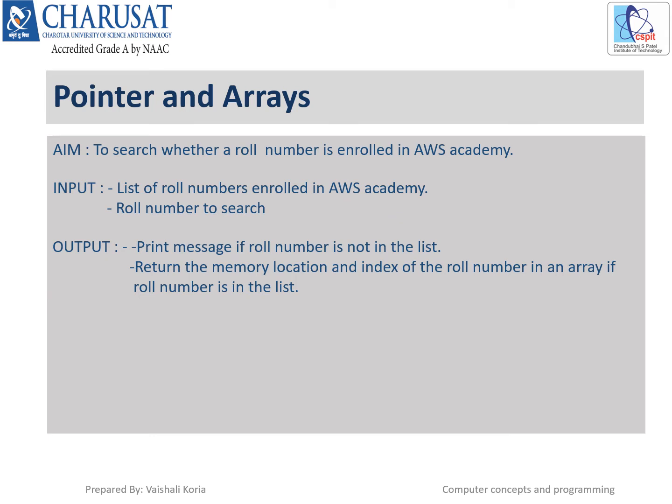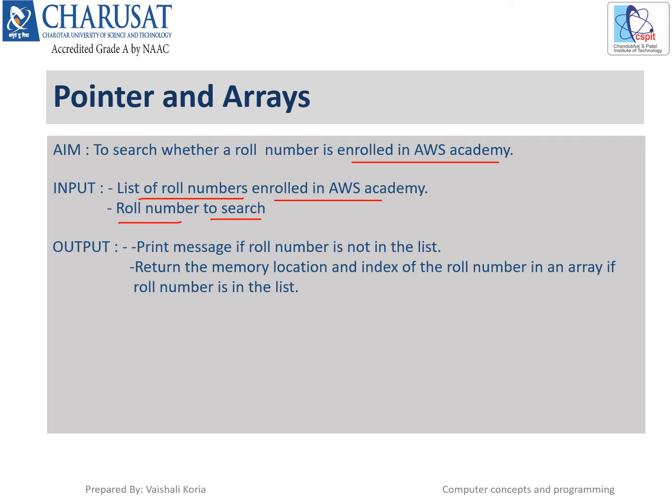Now we'll see one example using pointers and arrays. The aim of this program is to search whether a roll number is enrolled for the AWS Academy or not. In the university, there are different academies going on, and an interested student can register in an academy. As input, we have the list of roll numbers of those students who are enrolled for this AWS Academy, and we also have to enter the roll number that we want to search from that list.